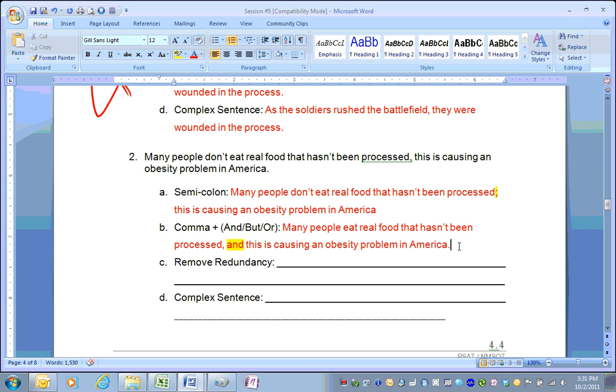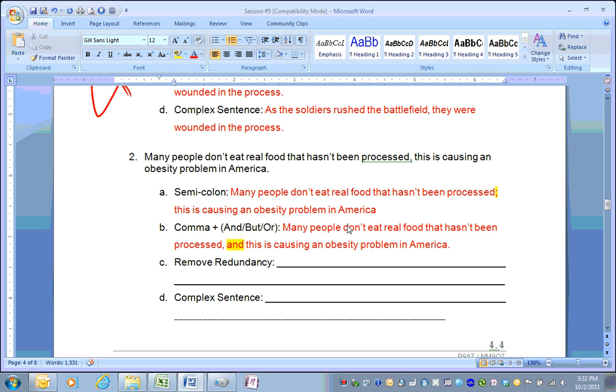What was that? Oh, I'm sorry. What is processed food? What does that mean? Processed foods, it's like bad. I don't know. Some of that stuff we're eating right now is processed, like chips and candy. Is milk processed?